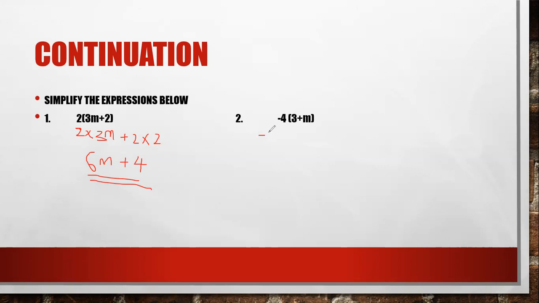So it's negative 4 times 3, then plus negative 4 times m. The answer there we shall get negative 12 minus negative 4m.